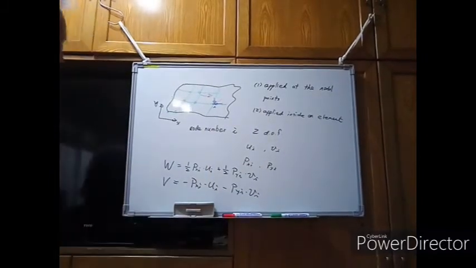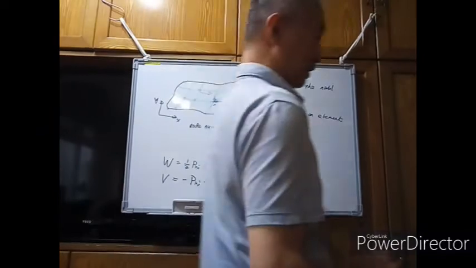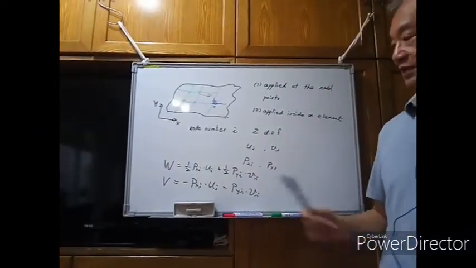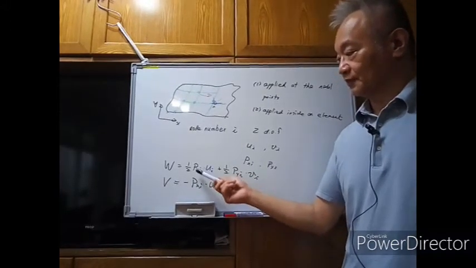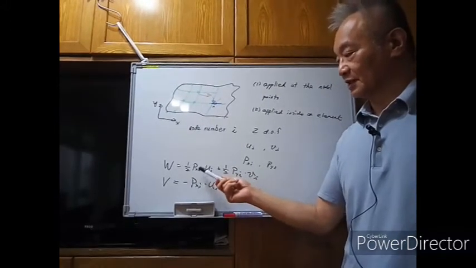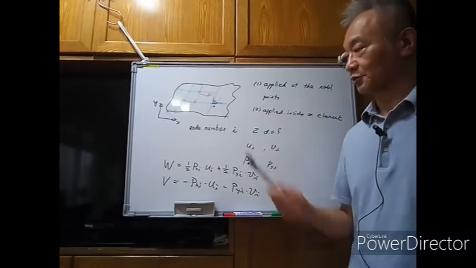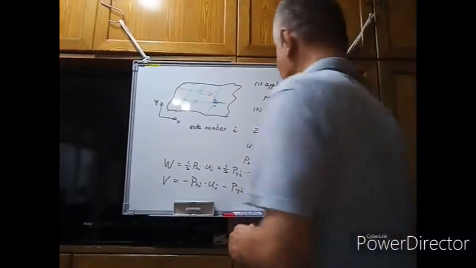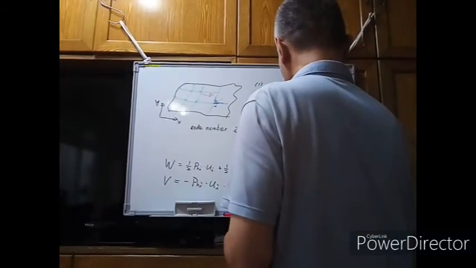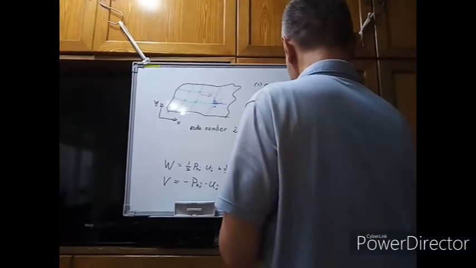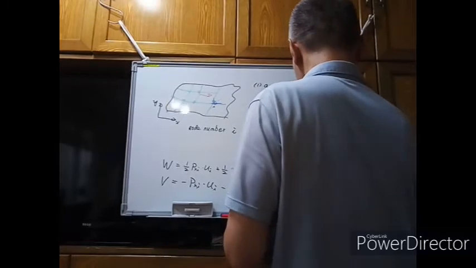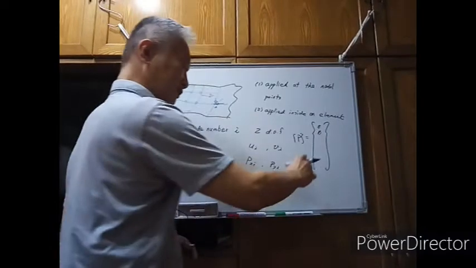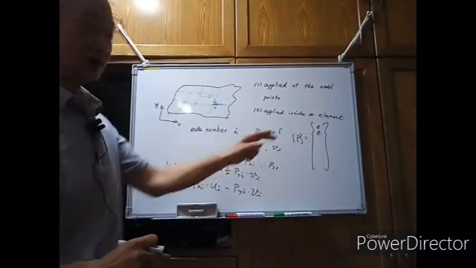Okay. So if we have the concentrated load applied at the nodal point, sometimes we just require the user to input the pxi and the pyi to the program. Sometimes we will assign the initial values to the load vectors.